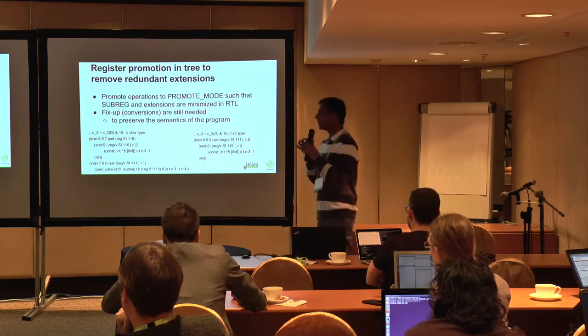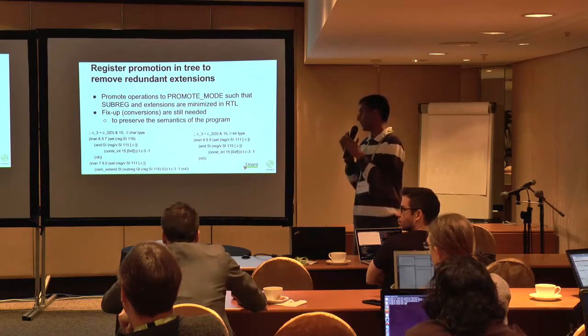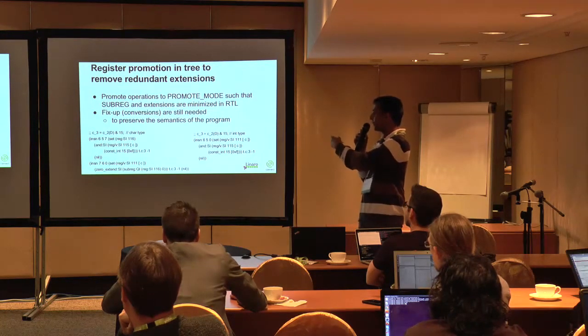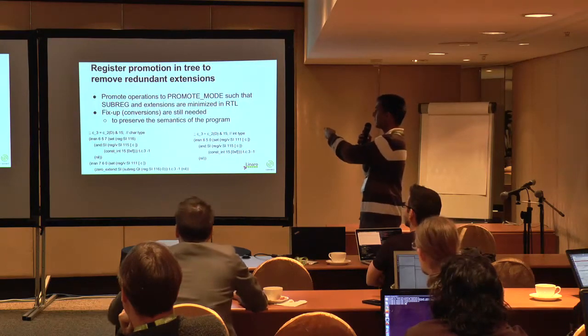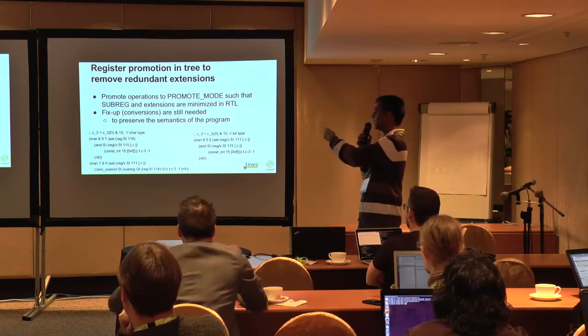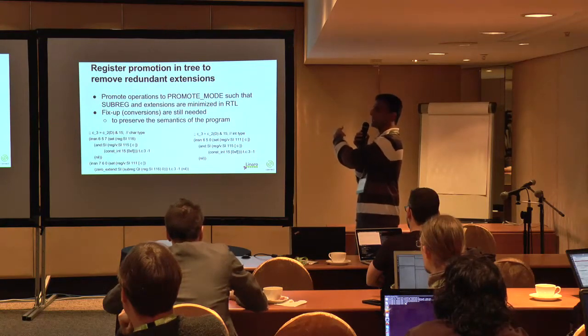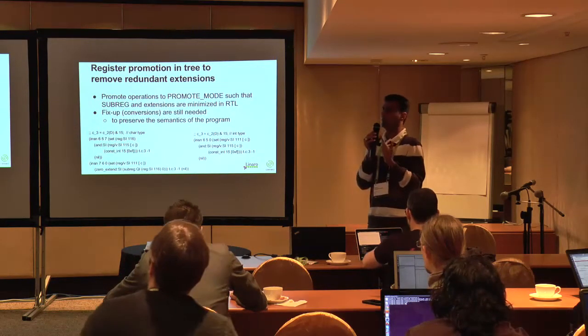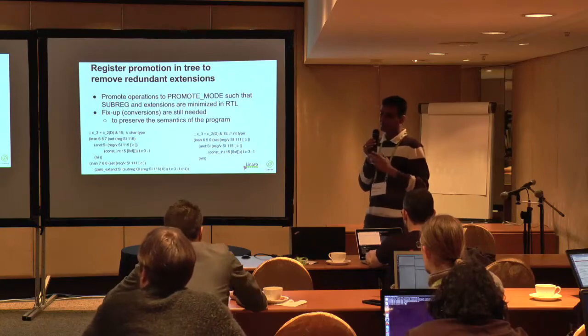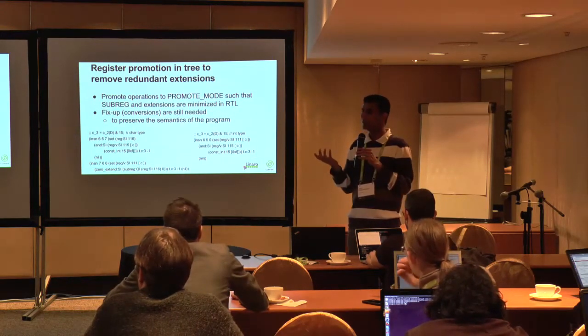So if you look at the example shown on the other side, here we are doing the operation in promoted mode. We are ANDing in SI mode, and then doing the extension to get the 8 bits. But if you can promote this to the promoted type, in ARM's case SI mode, we don't need this.